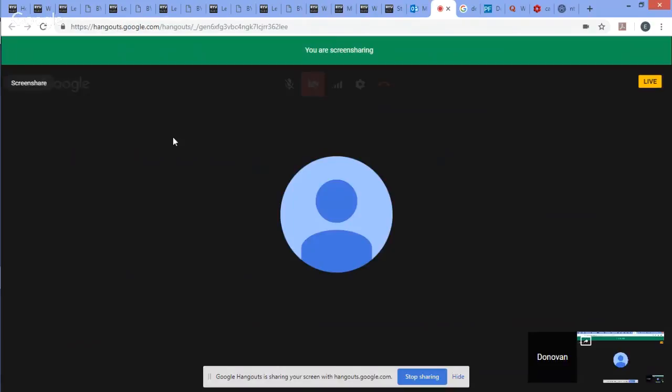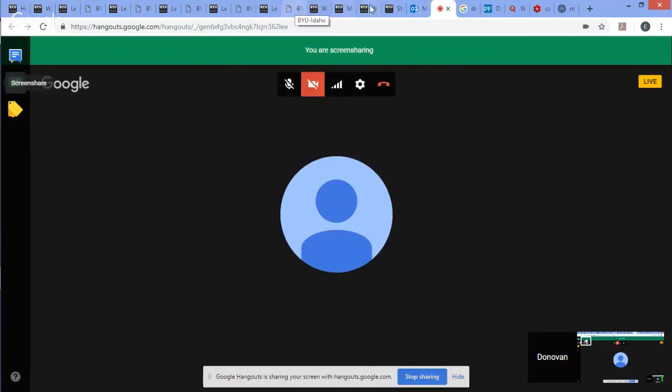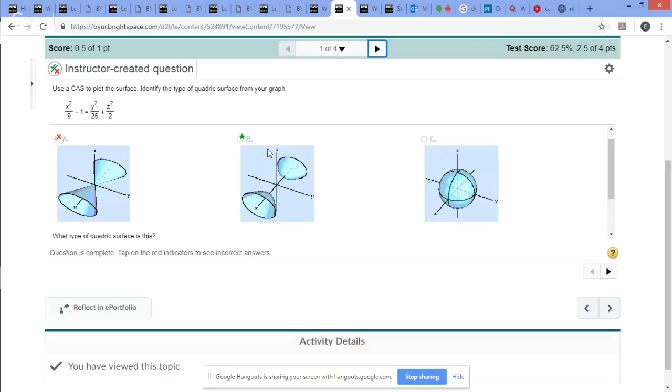Am I still screen sharing? Oh, I am. Okay, good. So it's saying it's the spherical part. Weird. Well, I guess that makes more sense because it's not just straight lines for radius coming out, because they're rounded. And what is it down below? It's a hyperboloid.